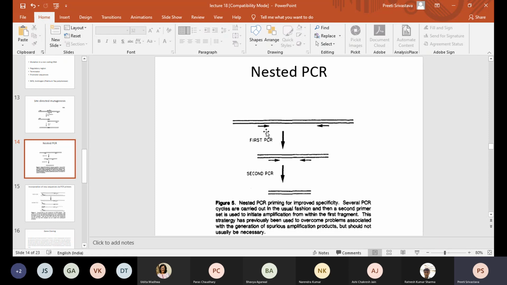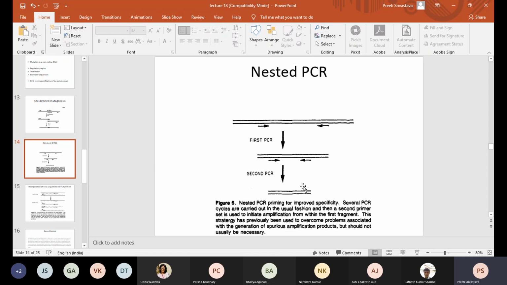Look at the difference, right? The difference between the position of the first primers used in the first PCR versus the difference in position in the second set of primers. These primers are called internal primers, and they will bind in a sequence which is internal to the sequence generated by the first amplicon.